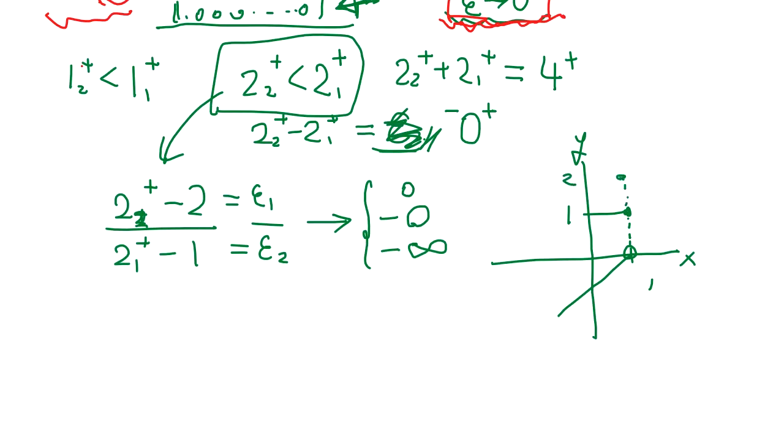You remember this white circle means excluding this point. Okay, so in this function, x equals 1 will be 1.